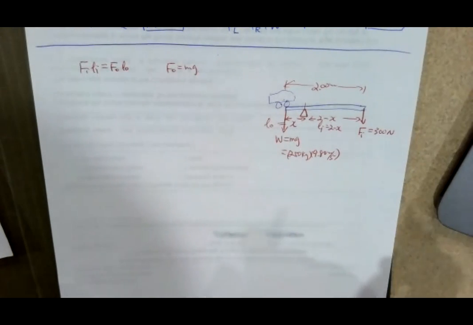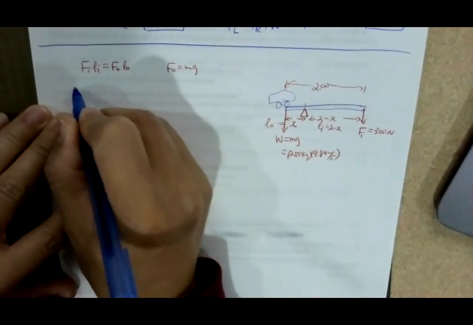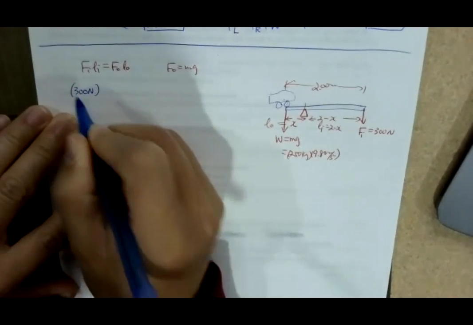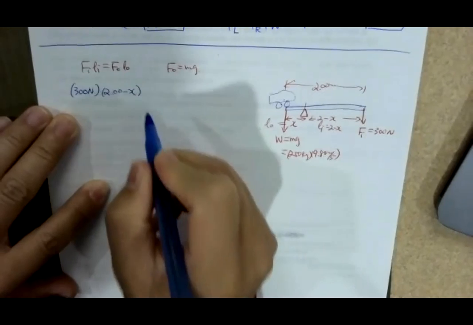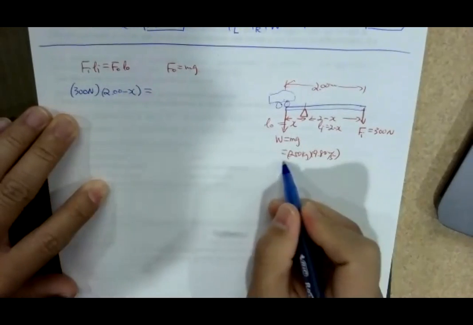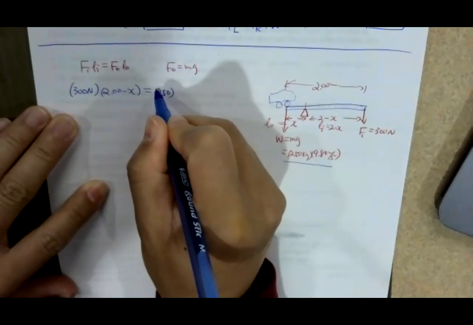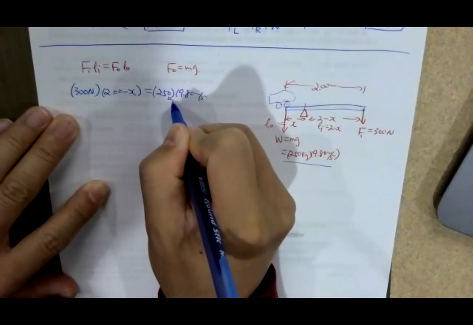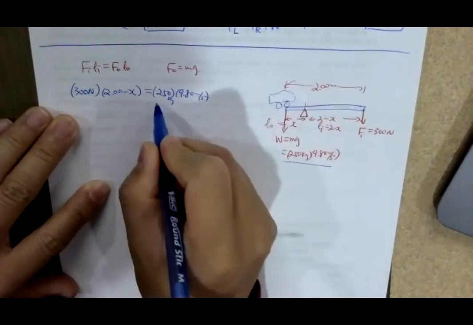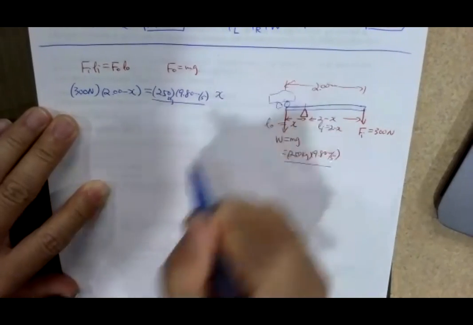Okay. So Fi times Li is equal to Fo times Lo. So 300 newtons times Li, which is 2 minus x, right? And that equals, these two multiplied by each other, 9.8 meters per second squared, and this is in kilograms. This is the Fo, times x.